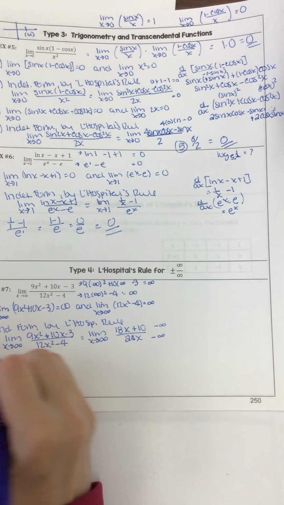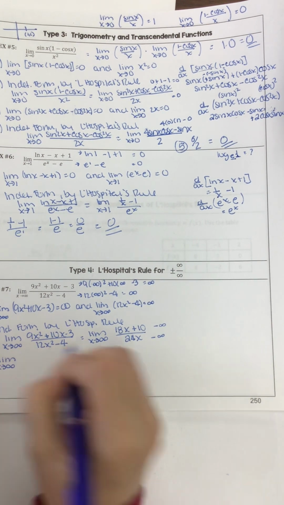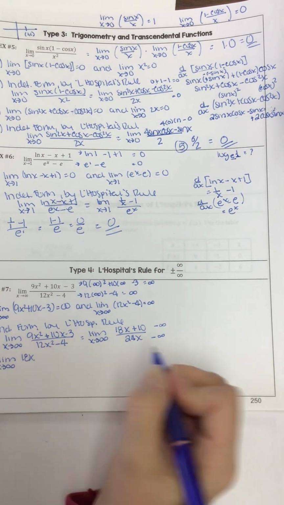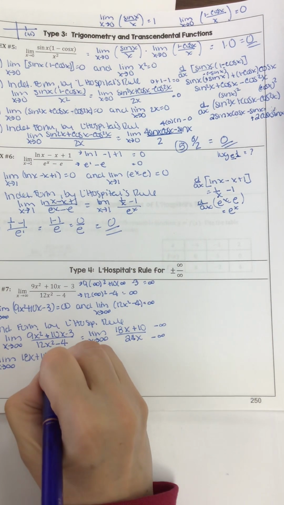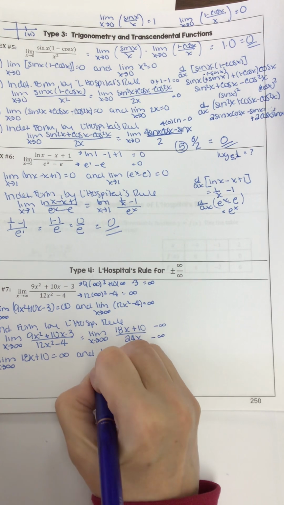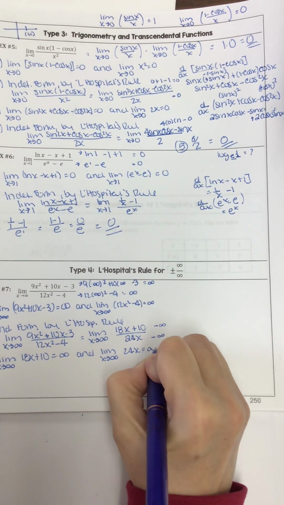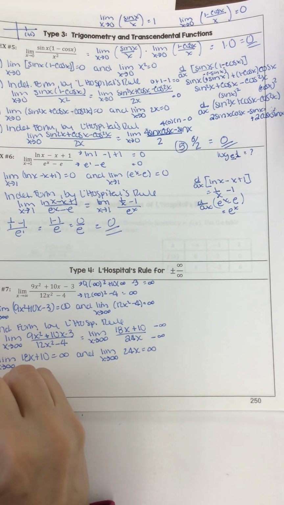So again, the limit as x approaches infinity of 18x plus 10 would equal infinity. And the limit as x approaches infinity of 24x would also equal infinity. So we have an indeterminate form.